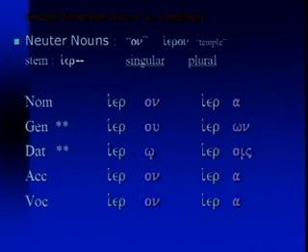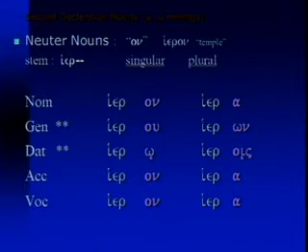Also, another thing that you will see that's typical of neuter nouns is that they have the same forms in both their nominative and accusative breakdowns. Notice the nominative singular, hieron, and hiera in the plural. That is the same for the accusative, hieron, hiera in the singular and plural of the accusative case. And it happens to be also the same for the vocative. All right?